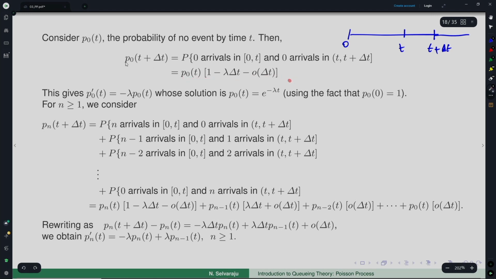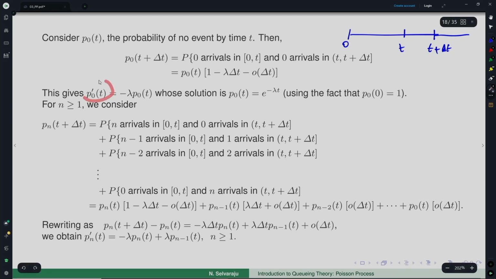Now, you keep this and you take 1 times P0 of t to the other side. On the right side you will have minus lambda times delta t plus or minus order of delta t, multiplied by P0 of t. Now, you divide by delta t and take the limit as delta t tends to 0.